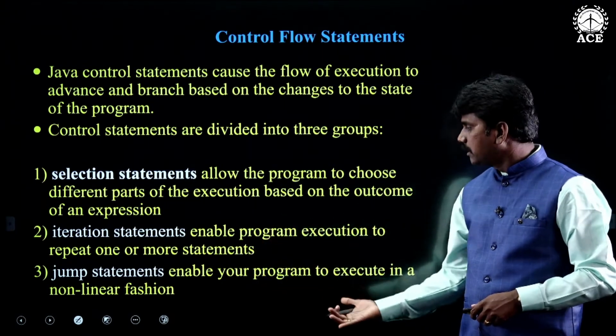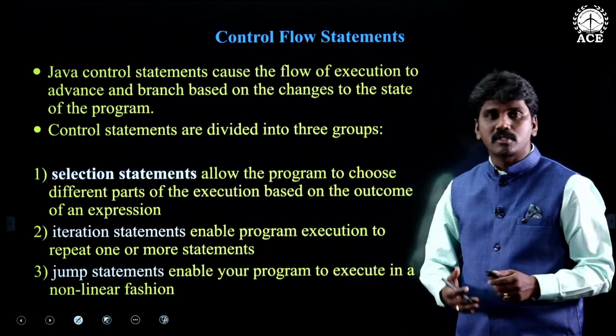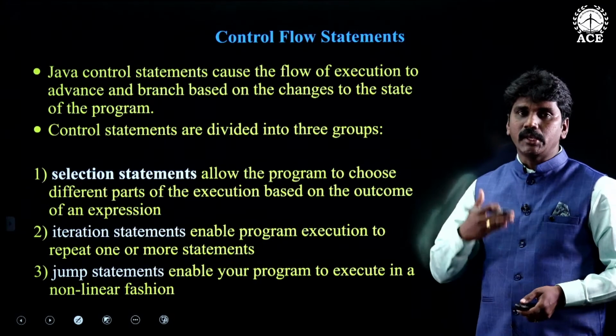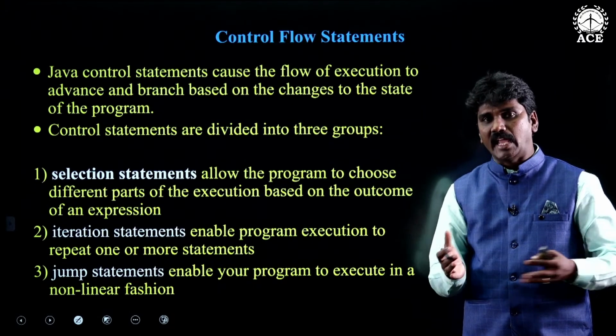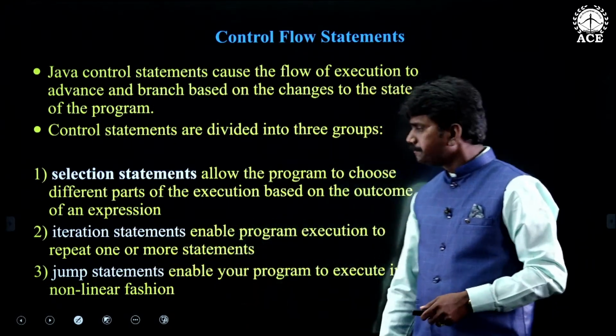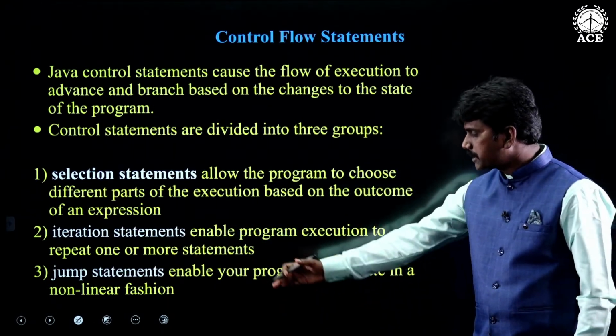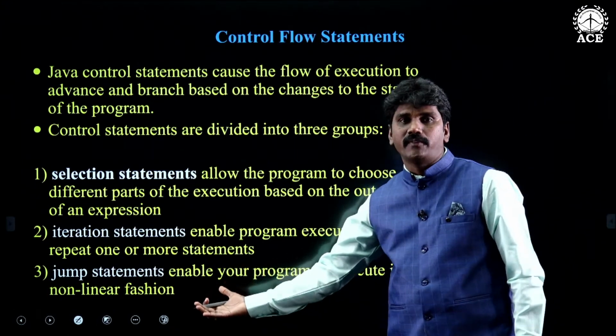Iteration statements means it enables program execution to repeat one or more statements. So the execution of one statement or more than one statement can be done repeatedly with the help of iteration statements. Next, the third one, jump statements enable your program to execute in a non-linear fashion.